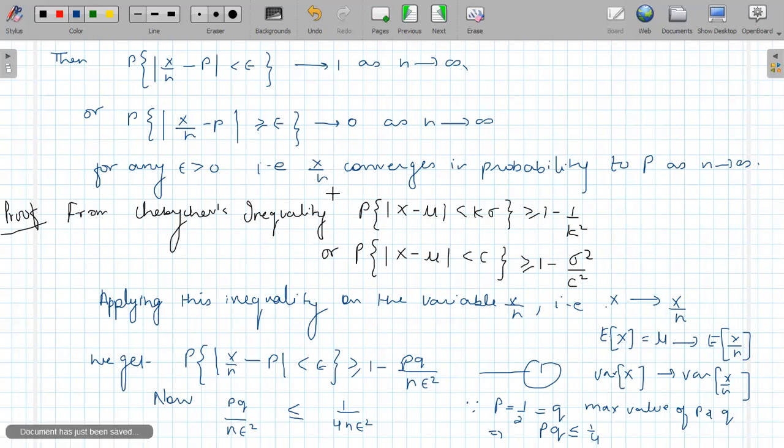So we can say that x upon n converges in probability to p as n approaches to infinity.